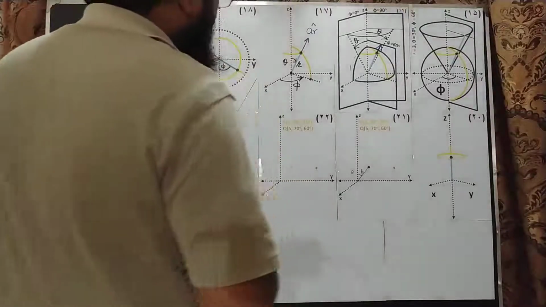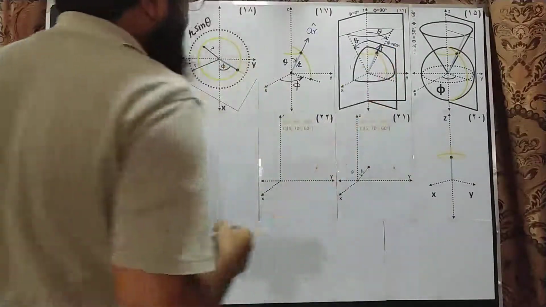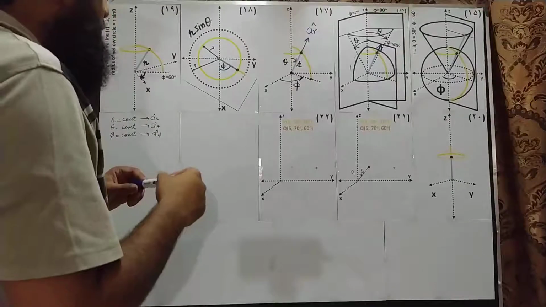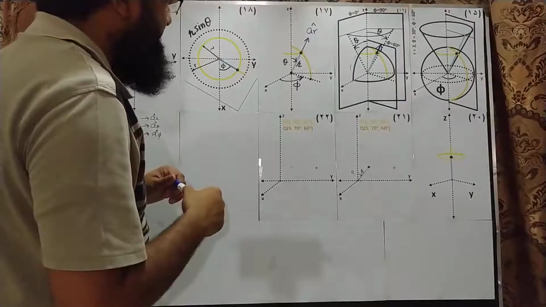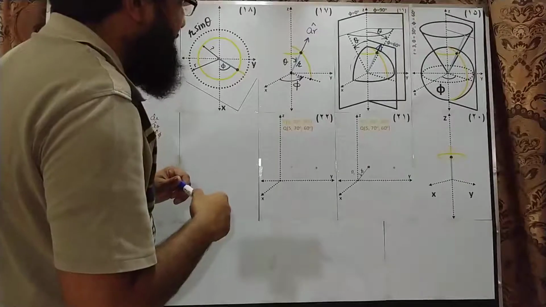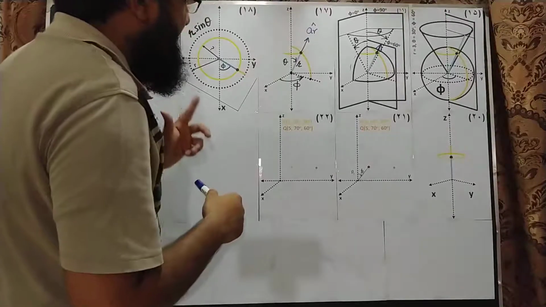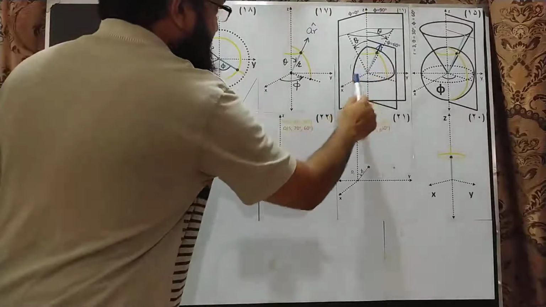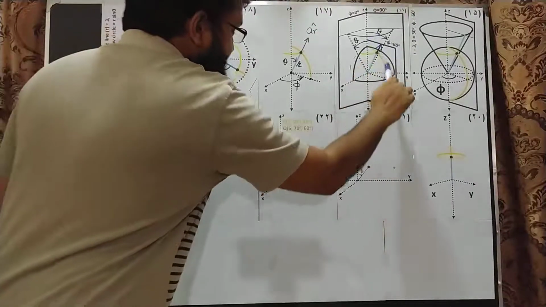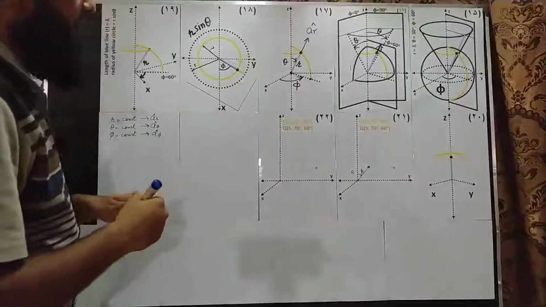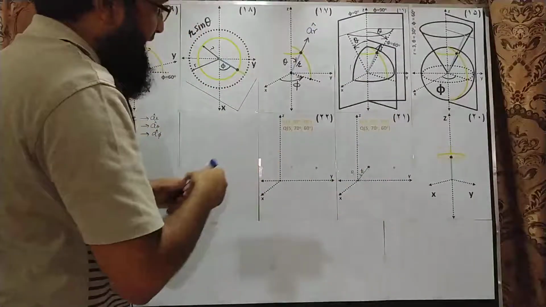So if I am again at this point and I want to move such that r and phi remain the same, I should move along the intersection of r equals to constant and phi equals to constant, which in this case is this longitudinal line. So I should move along this.